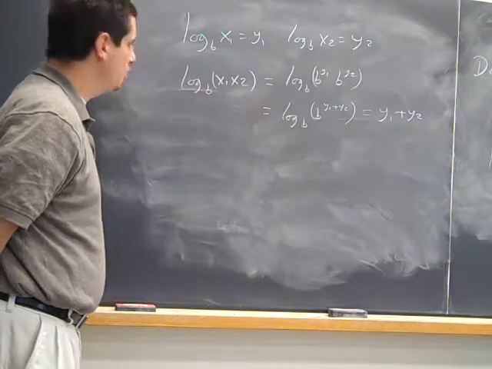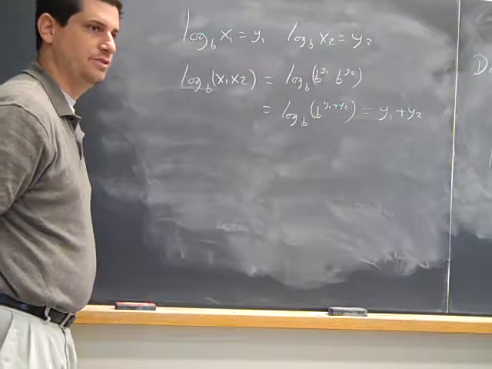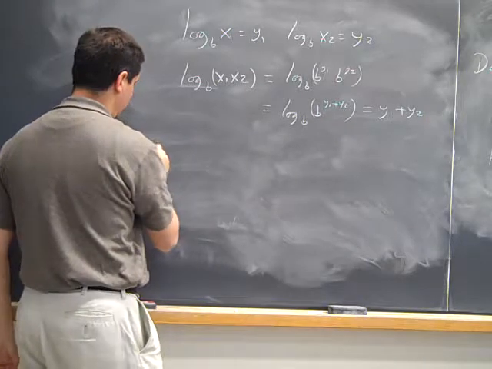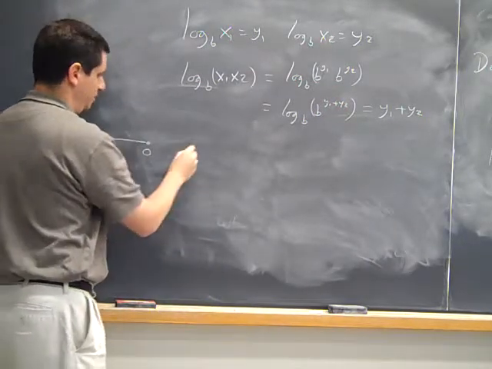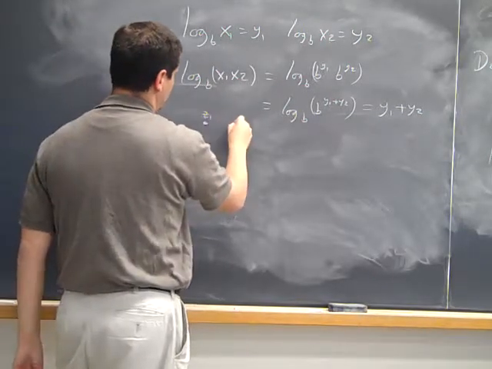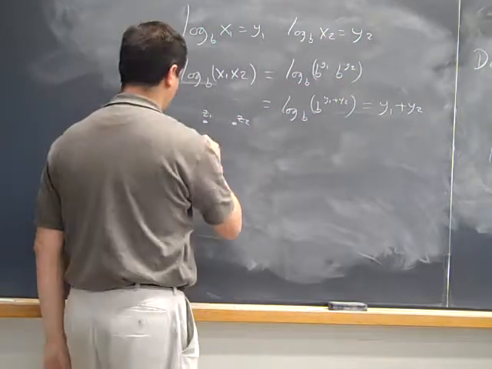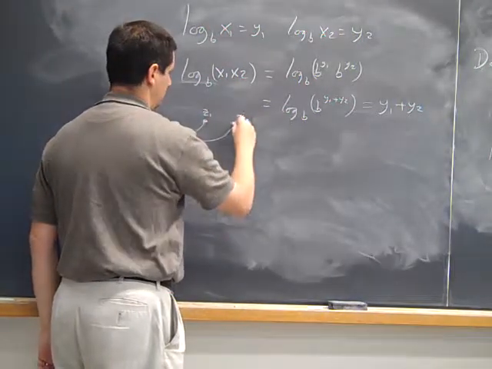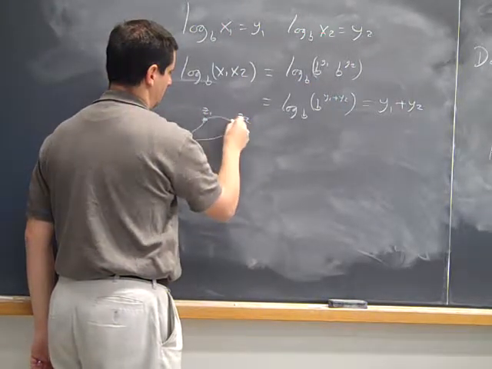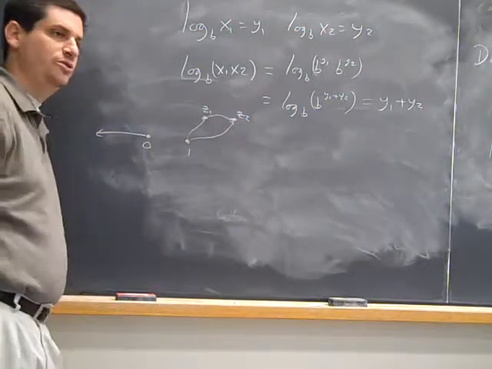Okay? So the question is, does this hold for our region? So now, here's 0, and the branch cut going to infinity. Here's 1. We'll call it Z1, Z2. And so I've got some path here, some path here. Here's a path from Z1 to Z2.